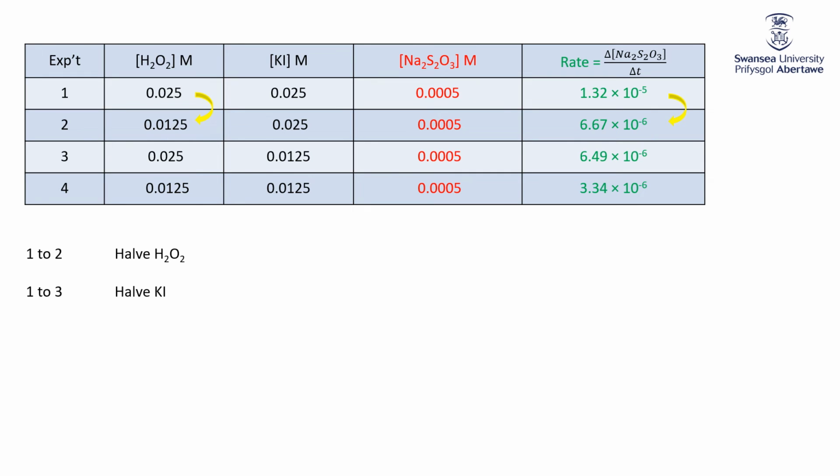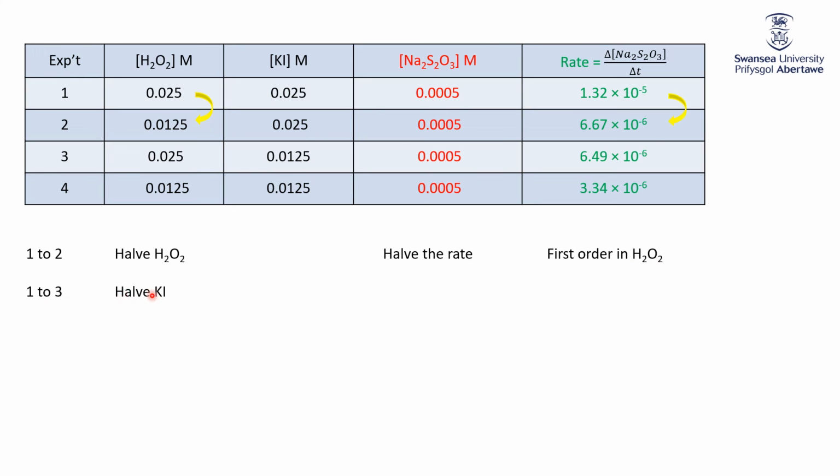That is halved. Just check it for yourselves on your calculator. So as I go from 1 to 2, halving the peroxide, I halved the rate. In a simplistic sense, whatever I did to the peroxide, I did to the rate. That means it's first order in the peroxide.